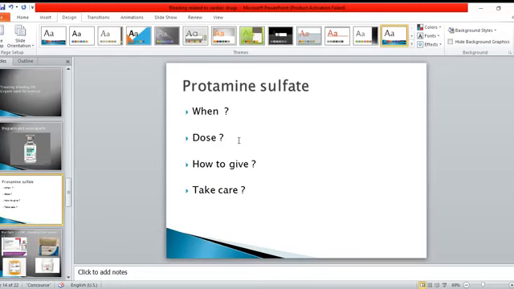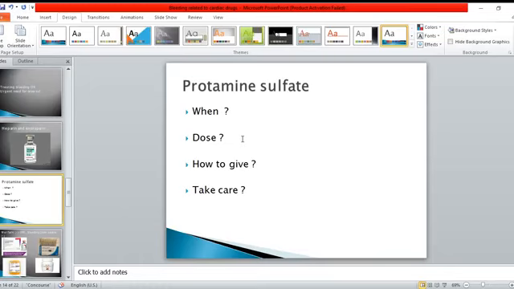So for unfractionated heparin, if the patient has taken the last dose within the last 30 minutes, we give the full dose, 1 milligram for each 100 units. So if the patient, for example, took 5,000 units, we give 50 milligrams.